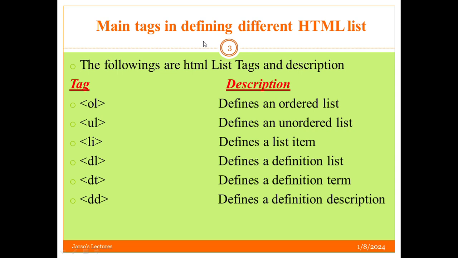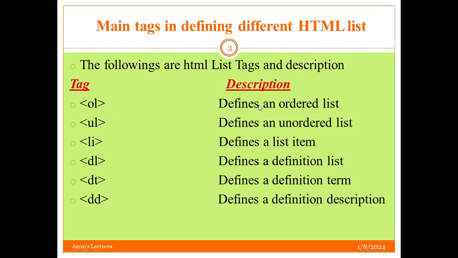To write an HTML file to display a web page, we use many tags, or sets of markup tags. Now, to define a list, we use those common tags. To define an HTML list is the OL tag.